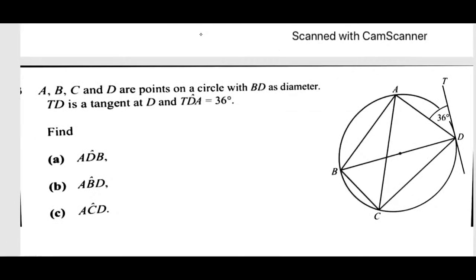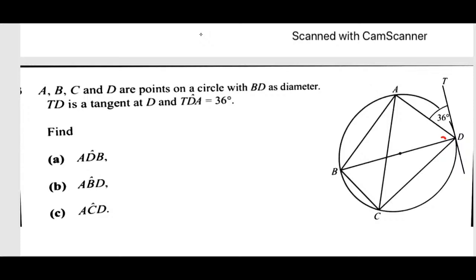A, B, C, and D are points on a circle with BD as the diameter. TD is a tangent at D and TDA is 36. You need to calculate the angle ADB. So I'll mention the angle. We have to calculate ADB.